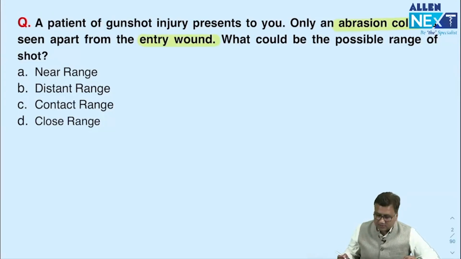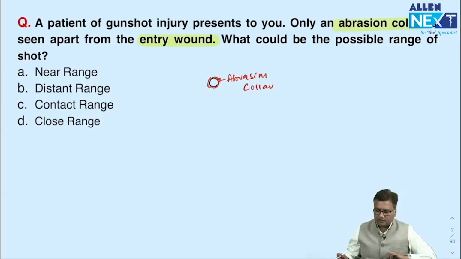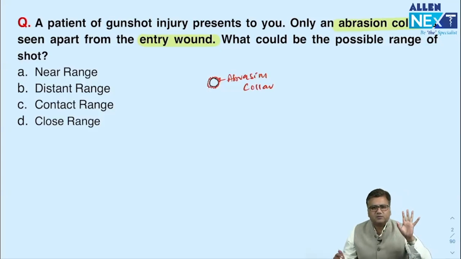So in this question, there is an entry wound, which may be seen on the dead body, and around that entry wound there is a presence of what we call in forensic as abrasion collar, right?